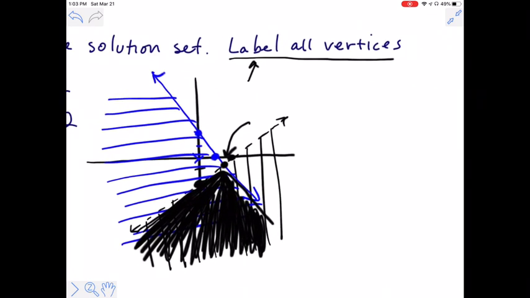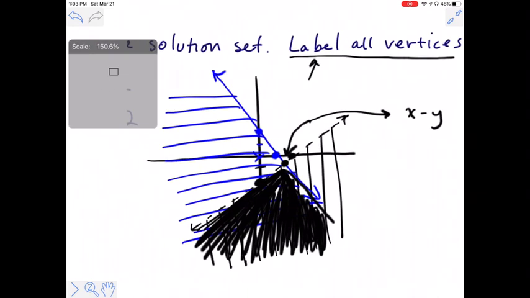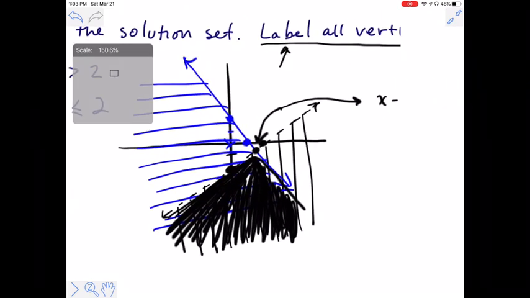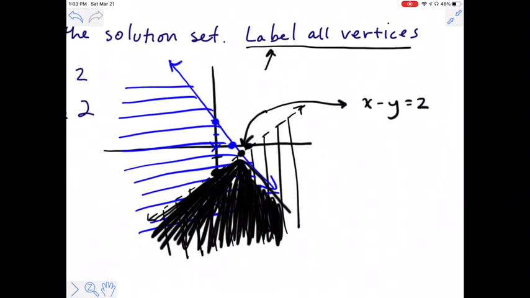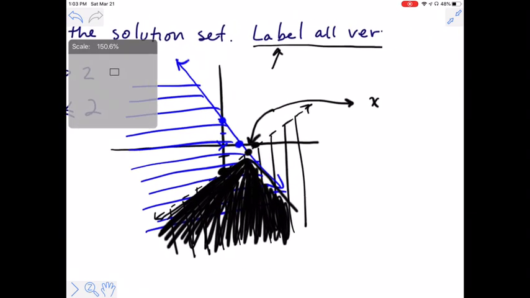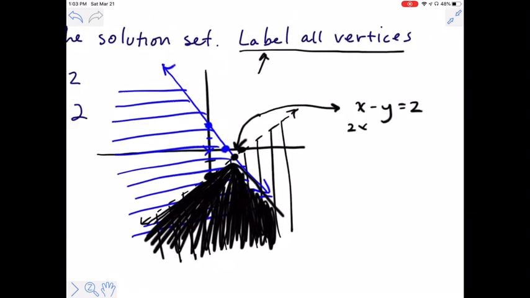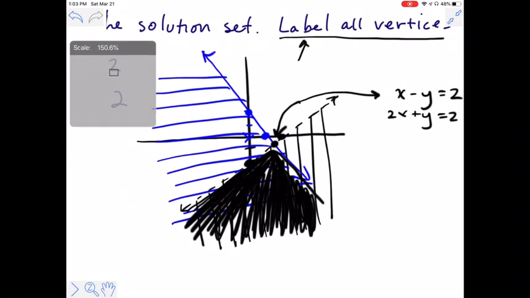And to find intersection points between two graphs, this is what we did in section 5.1 and 5.2 really. When we solve a system of equations, we're finding intersection points of graphs. So we need to take this system of inequalities and change it to a system of equations. So x minus y equals 2 and 2x plus y equals 2.